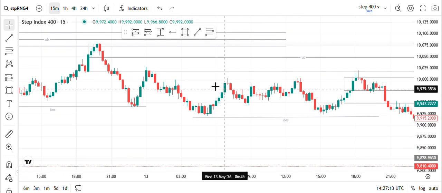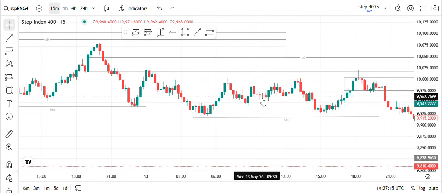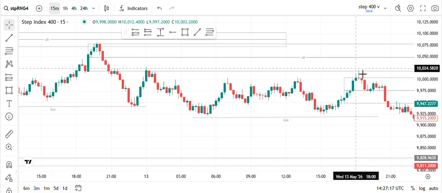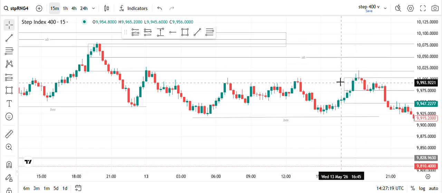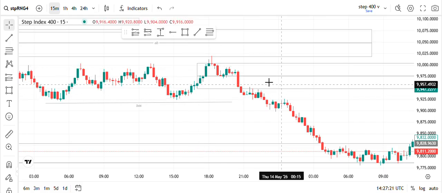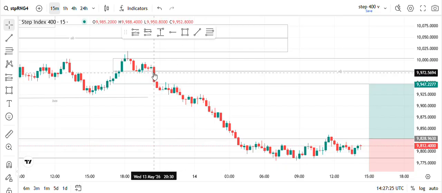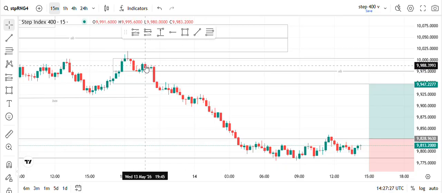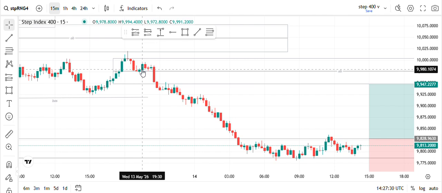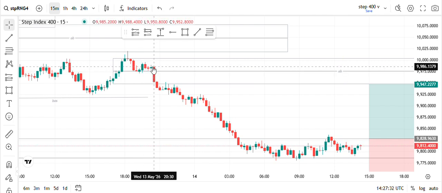Let's see the next one. As you can see, it came up. We tested there on that. Then what we will be saying is it's going to get up to probably this level. That is the TP.